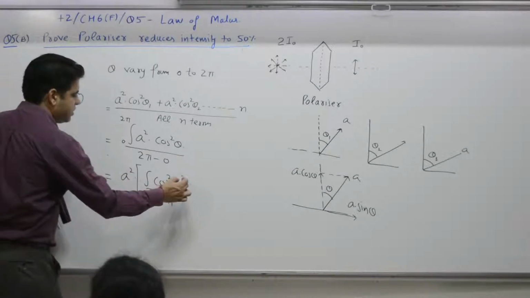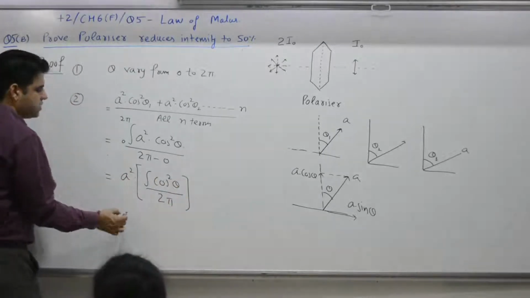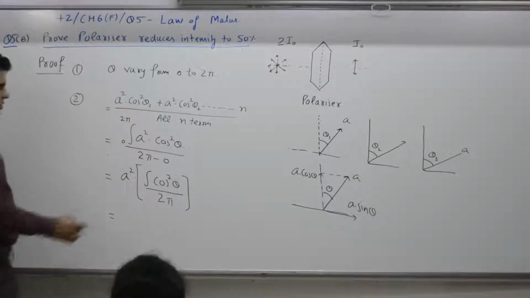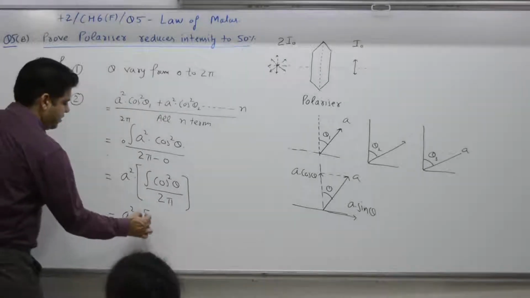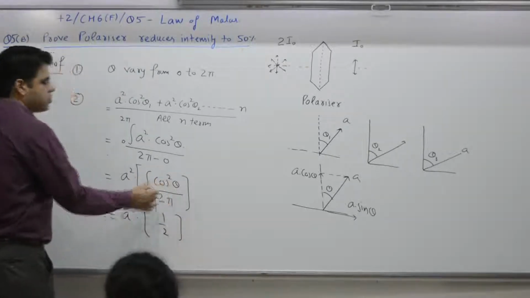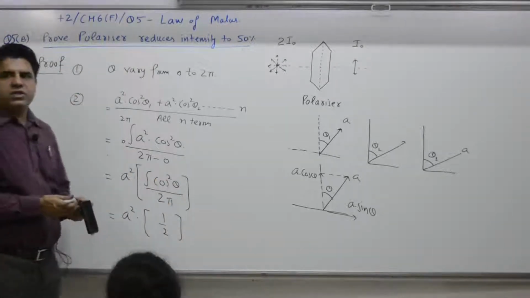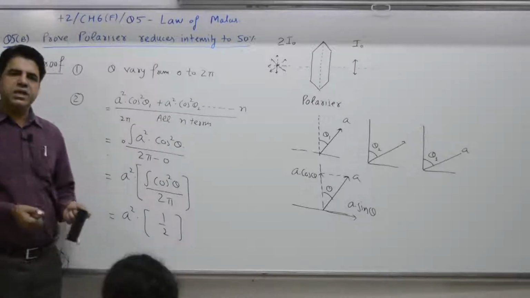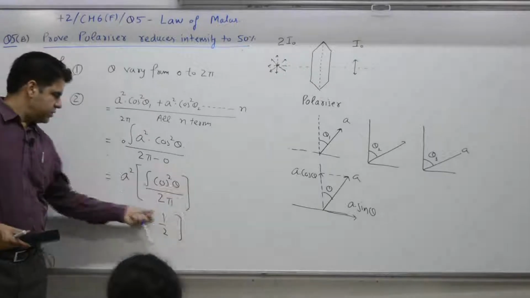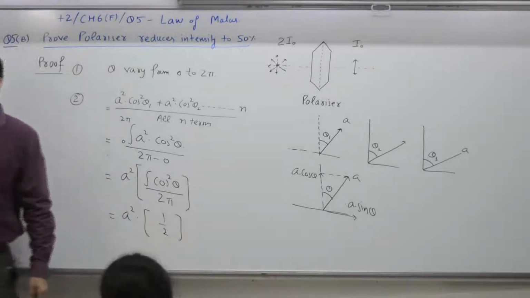We want to find this part and prove that it is equal to 1 by 2. You write it, and after this I will prove that the average value of cos square theta comes out to be 1 by 2. It's the mathematical part. You write this down. After this I will prove this part is equal to 1 by 2.